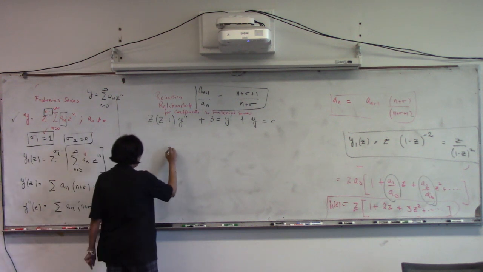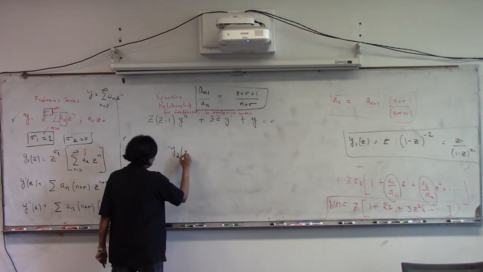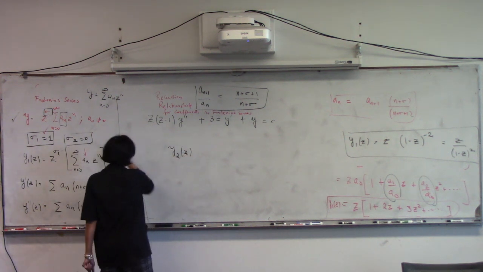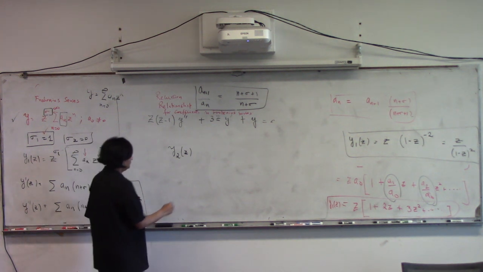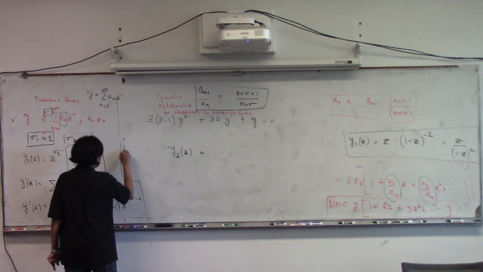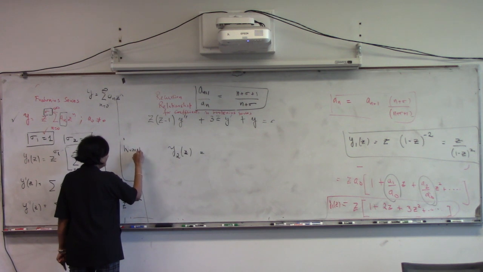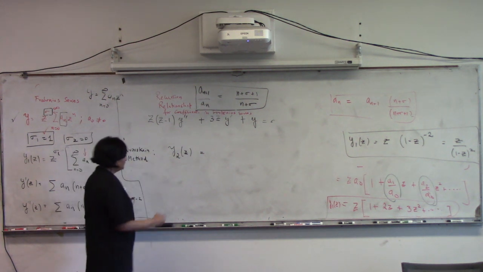So how do I get my second solution now? Can I use the Wronskian method? This is what we developed last time. What does it say?